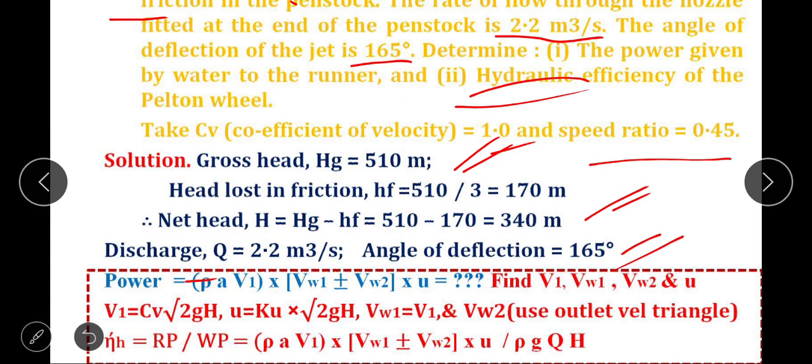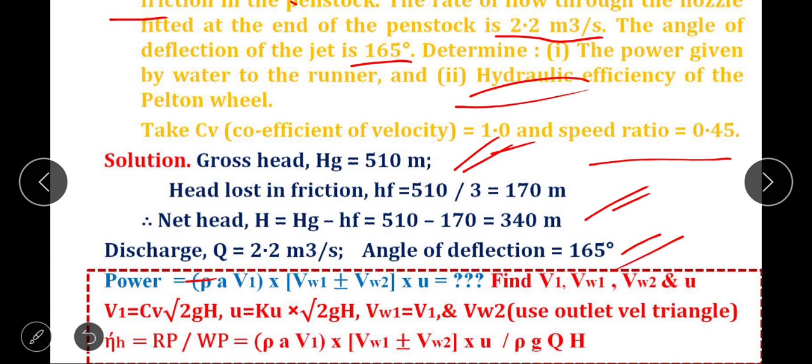Power is rho A V1 multiplied by (VW1 plus or minus VW2) multiplied by U. How much is it? That we have to find out. First of all, find V1, VW1, VW2 and small u. V1 is equal to CV under the root 2GH formula.